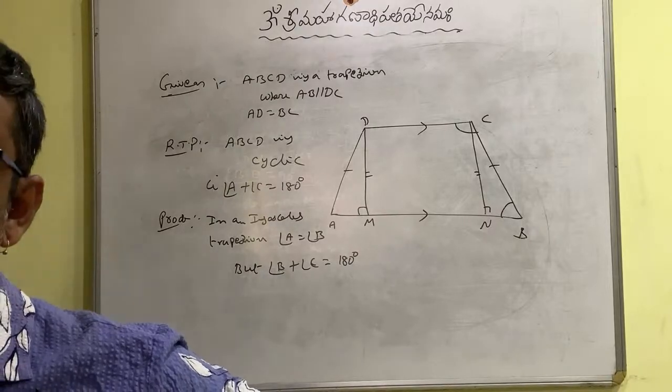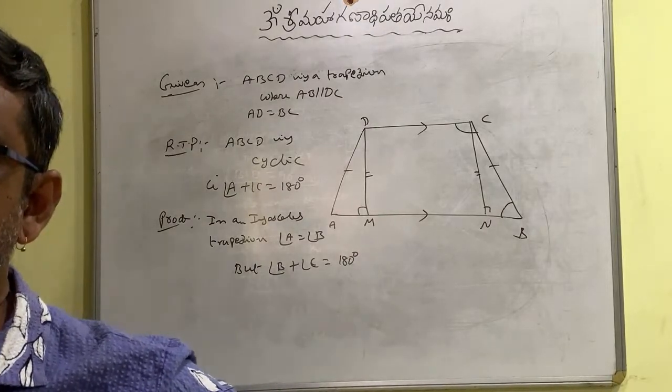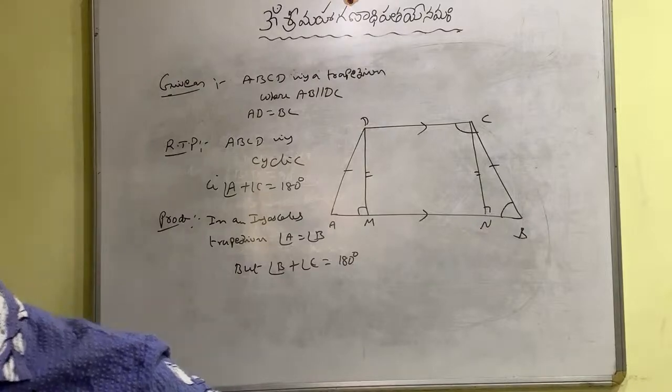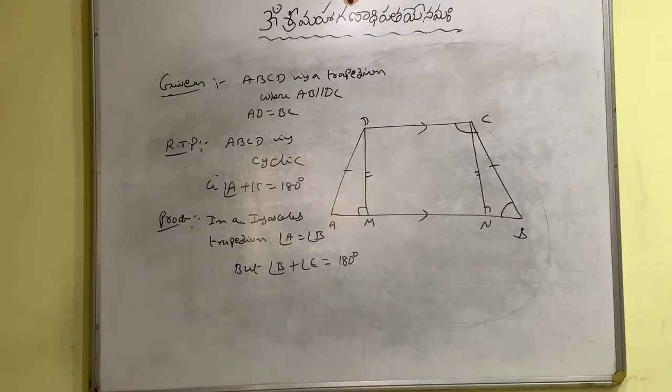Bhashita? So in a trapezium, the sum of adjacent angles is 180. Is that right? Then you are saying yes.